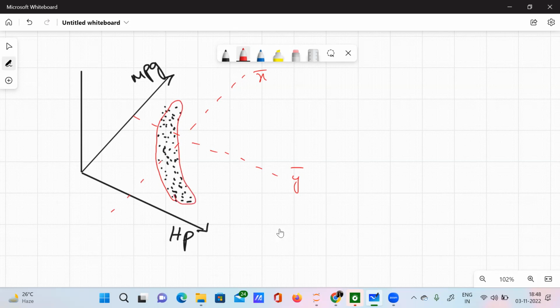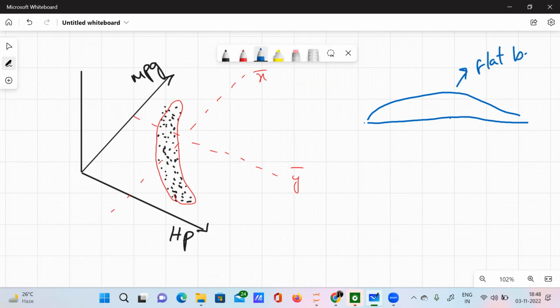When I try to form this particular shape separately, the shape would be like this, right? So this would be the shape here. This shape is nothing but a flattened bell curve. Okay, this is a flat bell curve, you can call it.